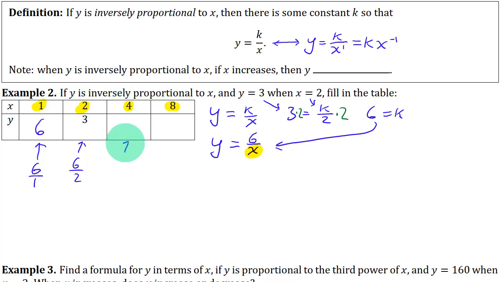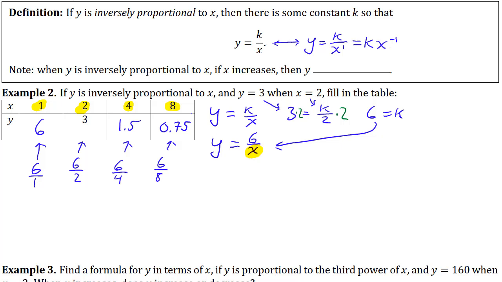You could also replace x with 4, and you'll get 6 divided by 4 comes out to be 1.5. Or you could write it as 3 over 2 if you want. If you plug in x equals 8, we're going to have 6/8 is 3/4 if you reduce it, or 0.75.